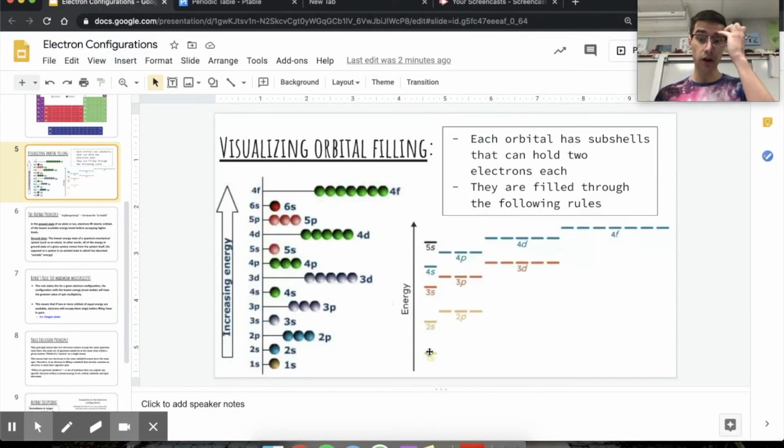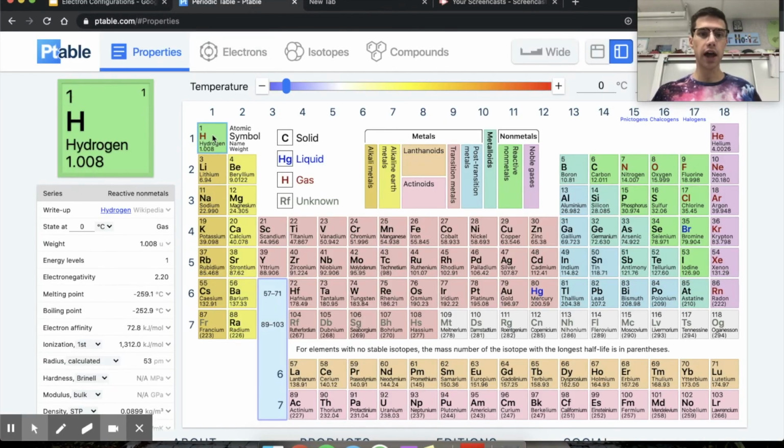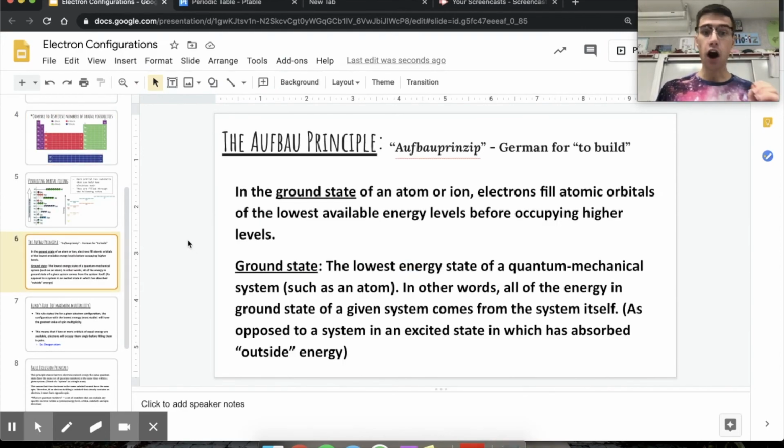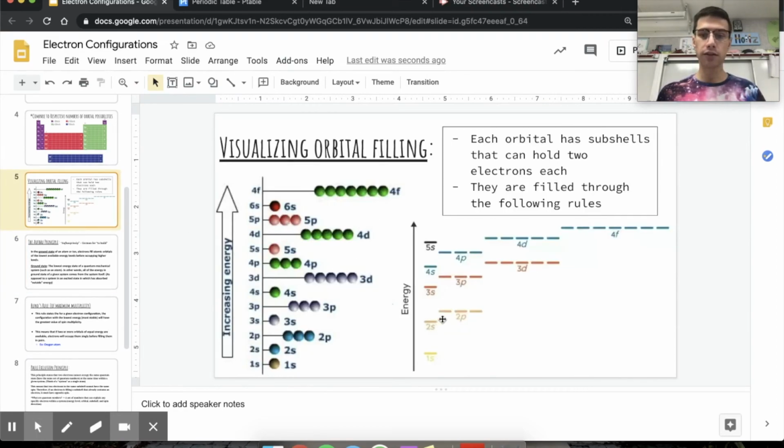So we start with 1s because 1s, up here, is the lowest energy level for those electrons to fill spots in. And then they'll have to fill higher and higher energy level spots as we move on. But like we said in the Aufbau principle, we have to fill the ground state first. And if the ground state sections are all filled, then we continue to fill the lowest energy level as we move on.